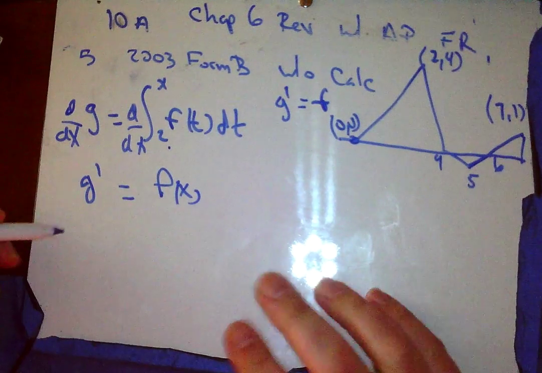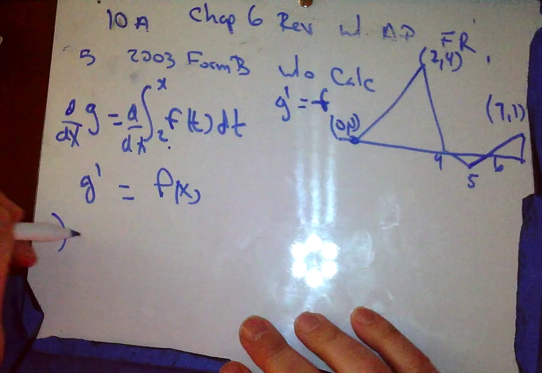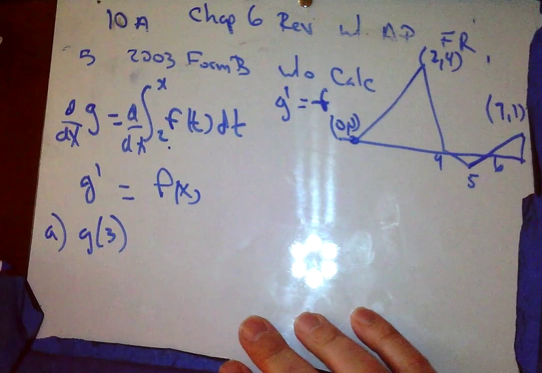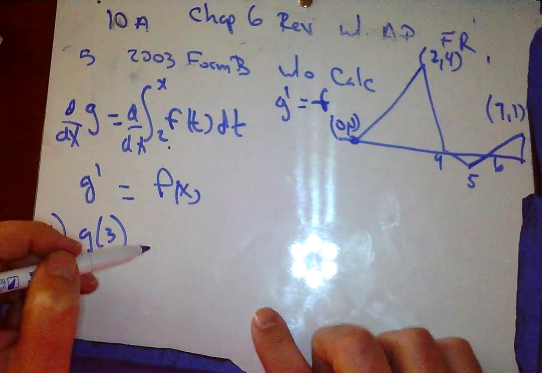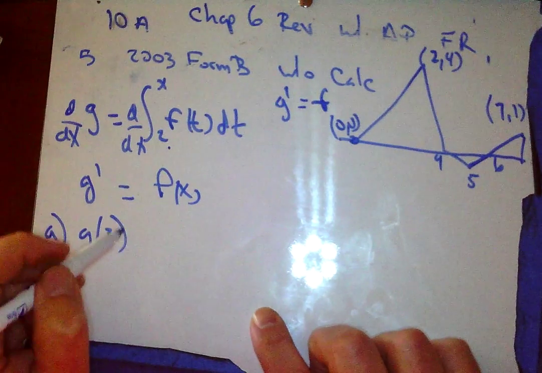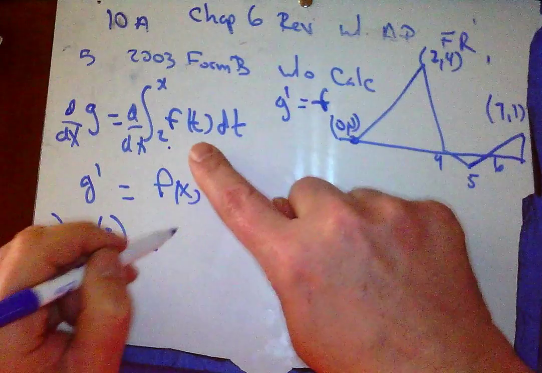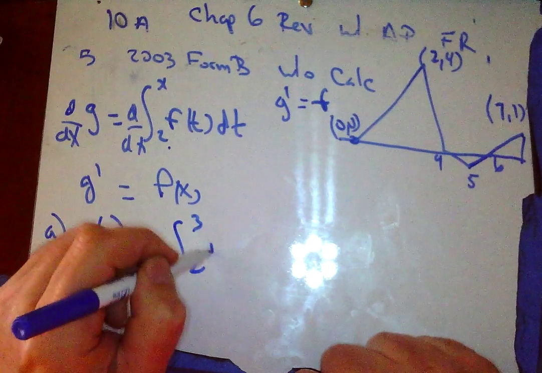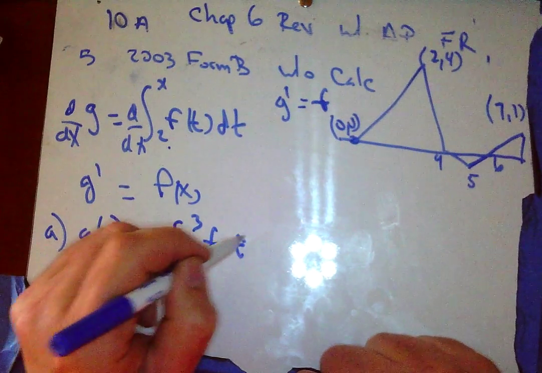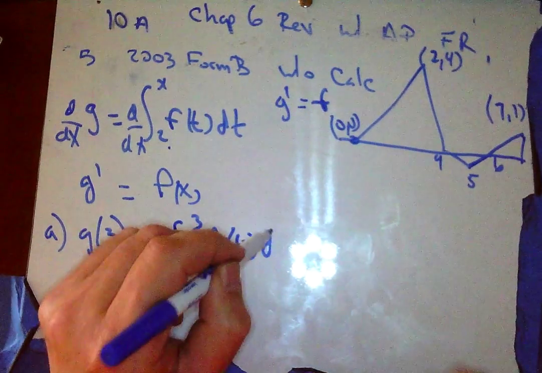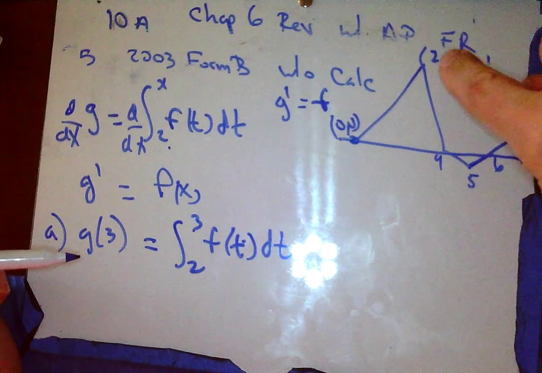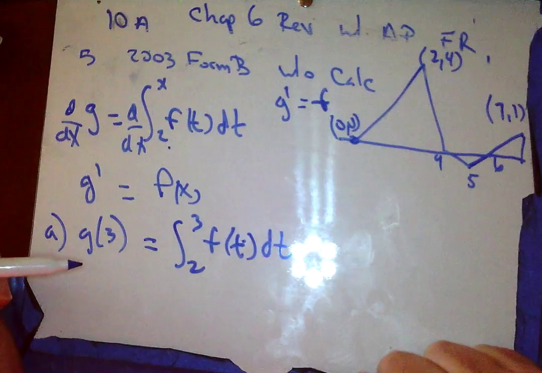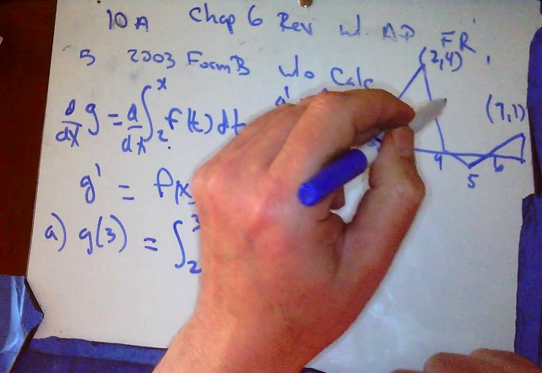All right, so part A says find g of 3. Okay, well, g of 3, no problem. I know that g of 3 is defined as the integral from 2 to 3 of this f graph that I'm looking at. So from 2 to 3, well, I don't know what the y value is there.